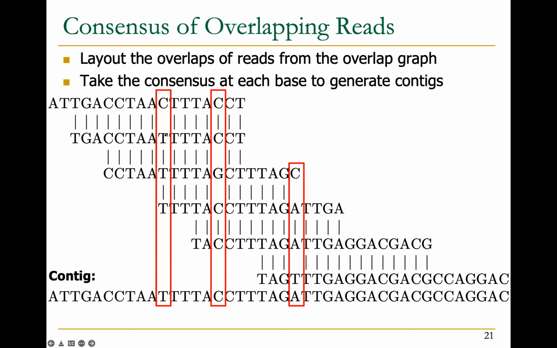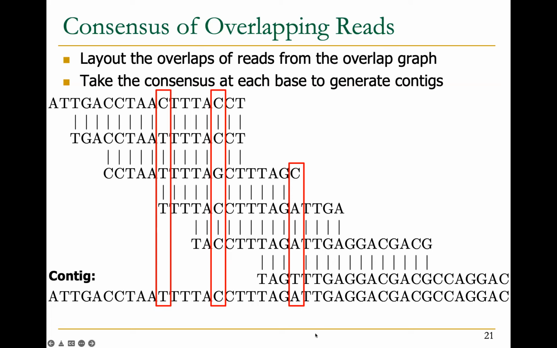We should of course believe the ones that are more crowded, let's say. So we take the consensus and say, okay, since there are more reads telling me that there should be T here, I'm going to insert T over there. And here, for example, there are 3 C's, 4 C's and 1 G, then I should take C here. In this case, for example, there are 2 A's, 1 C, 1 T, a little bit ambiguous, but since I'm taking the consensus, I'm going to insert A here.